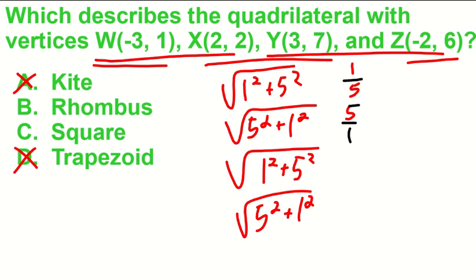Did the slope flip? Yeah. Did it change signs though? No. So what that means is it's not 90 degrees. That's what makes it a rhombus. For it to be a square, it would have had to be like 1/5 and -5 or -1/5 and 5. Everybody kind of following that?